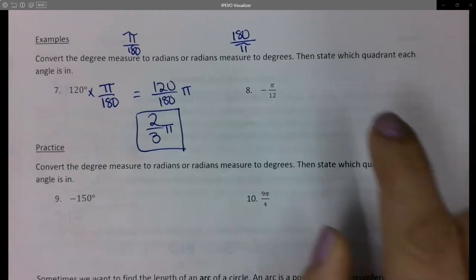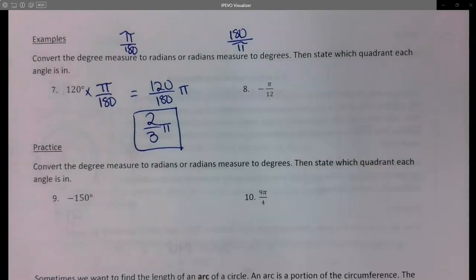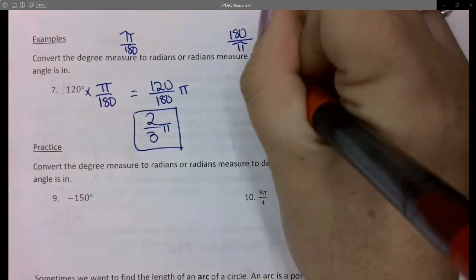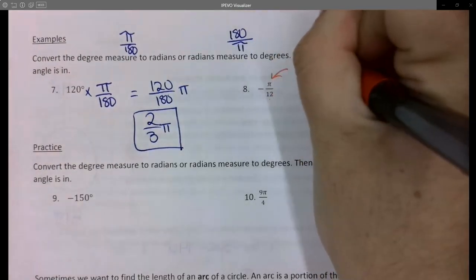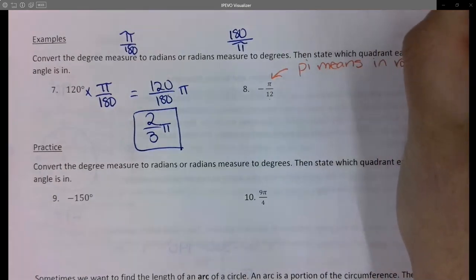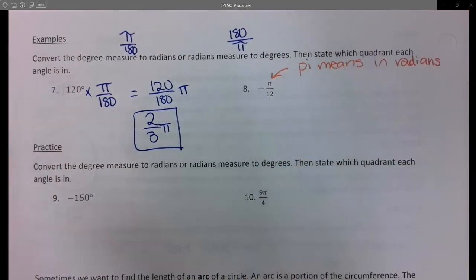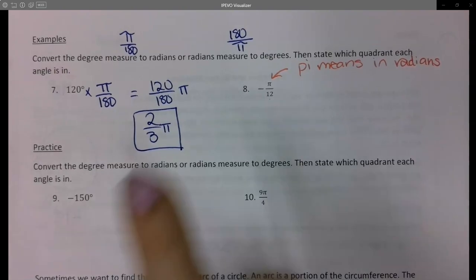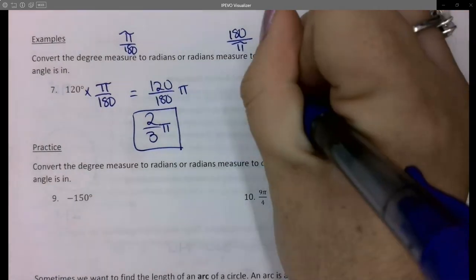Okay. Number 8, I have a pi already, so that means I'm in radians. So I want to use the second fraction, the 180 over pi.